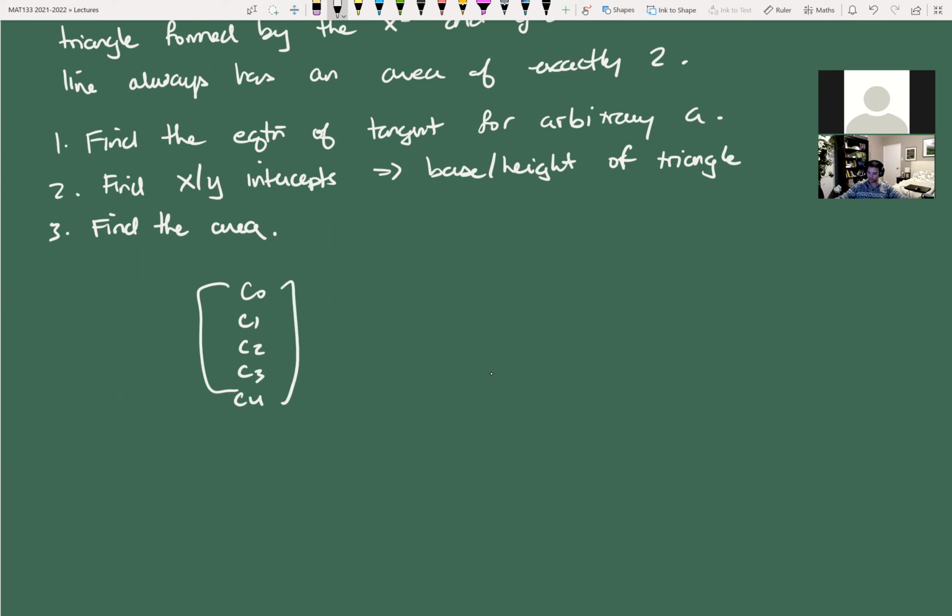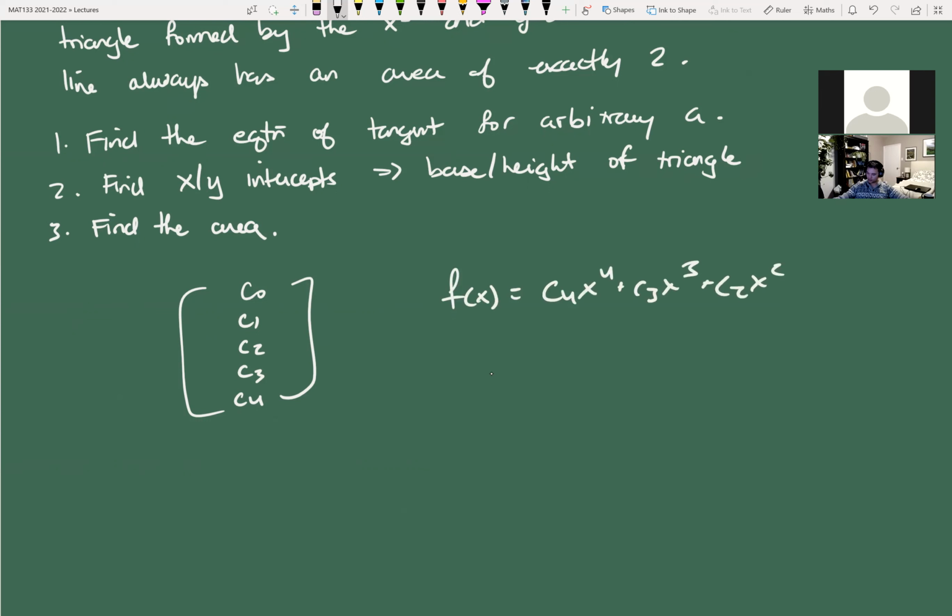The vector that you found is this thing. So you solved for those coefficients, and you know that the function is C4x to the 4 plus C3x cubed plus C2x squared plus C1x plus C naught, right?